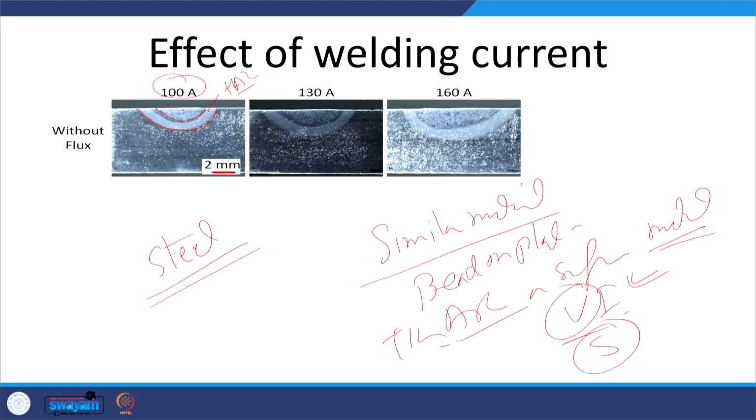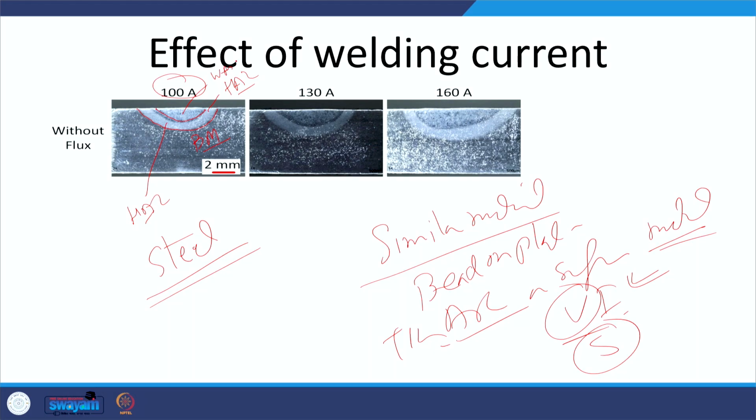The properties of the molten metal, which after solidification produces the weld metal, will be different from the heat affected zone and the base metal. So there are 3 zones in each sample produced by melting followed by solidification. Here this is the base metal, this is the heat affected zone, and this is the weld metal.